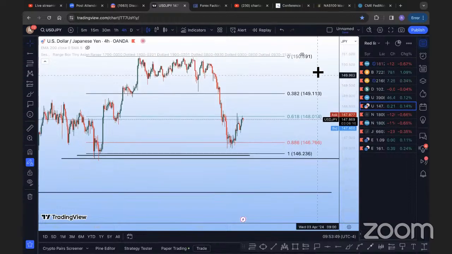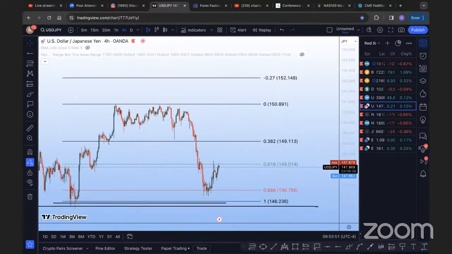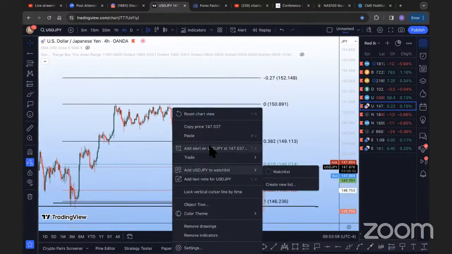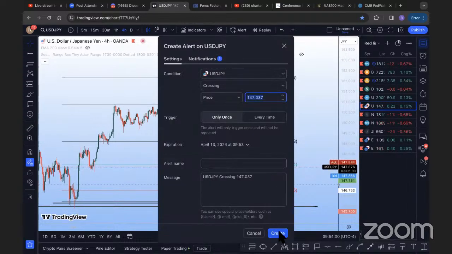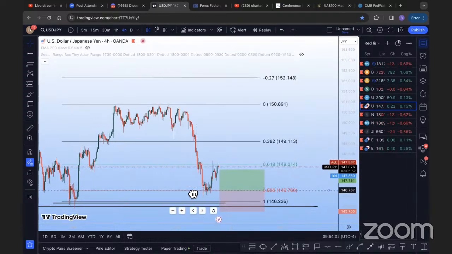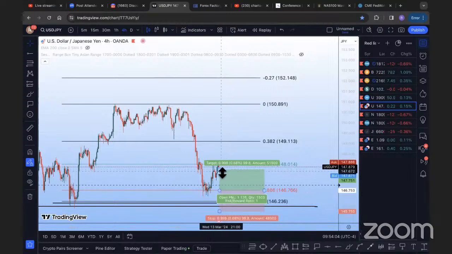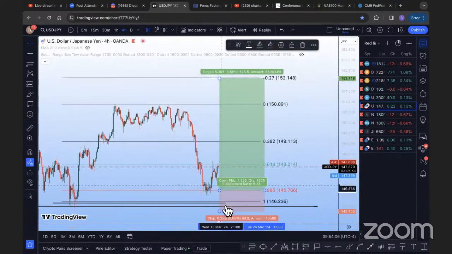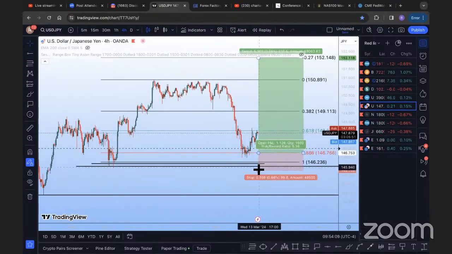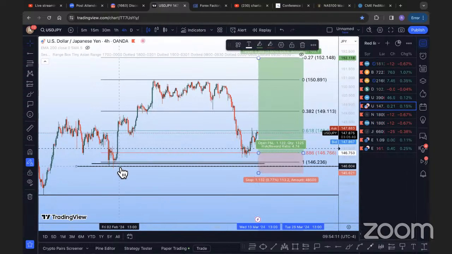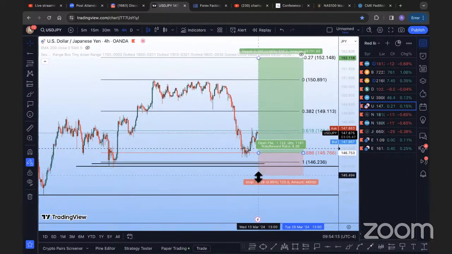Incredible. So buy limit at 146.75. Set the alert so we get notified. Alert is set. Entry is set. SL below the low. We're looking at 146. So this would be 145.7.